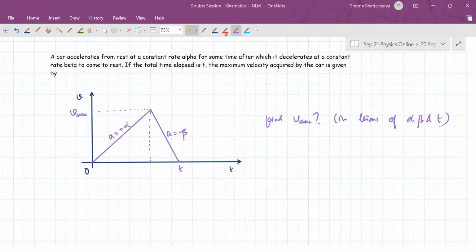So there is one key to solving this question, and that is to understand this time in terms of the given parameters, alpha, beta, and t. The time at which it switches from acceleration to deceleration. Try to figure out how we'll get that time taken. From that, we'll get the answer.